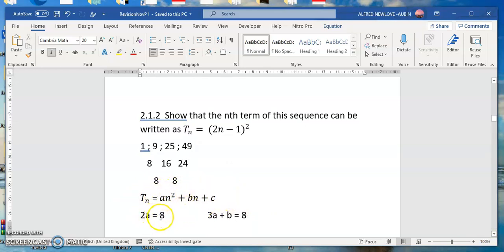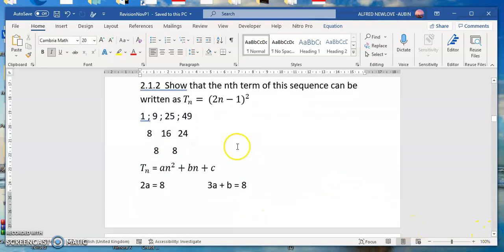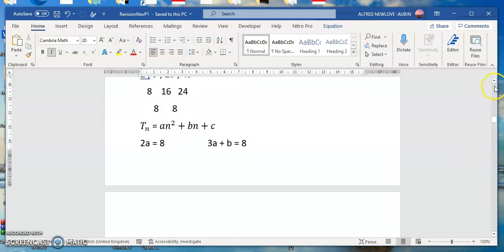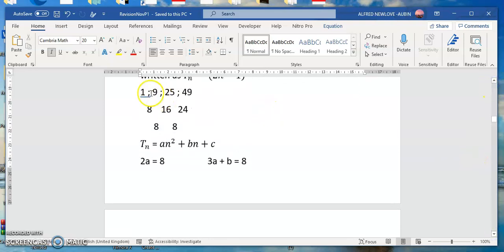Then 2a is equal to 8. How? 2 times a should be equal to the first term of the second difference. Then 3a plus b should be equal to the first term of the first difference. Then a plus b plus c should also be equal to the first term.